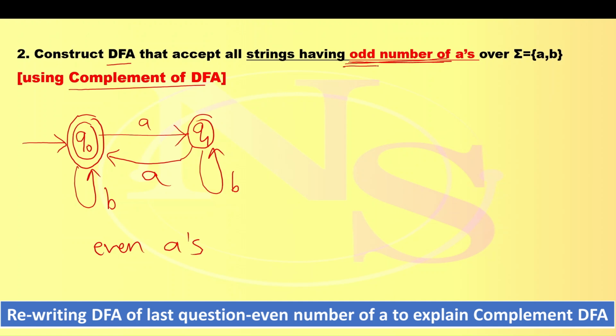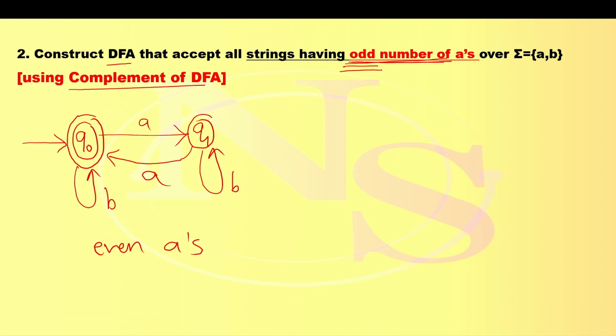Now in this question I need to find for odd number of A's. Then what is the answer? How can you find out? Using complement of DFA. What is the meaning of complement of DFA? You can write down the same DFA except one minor change. What's the change? Your final state becomes non-final and non-final state becomes final, irrespective of whatever number of states present in the existing DFA.